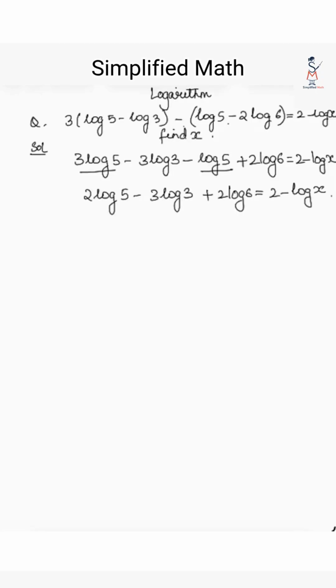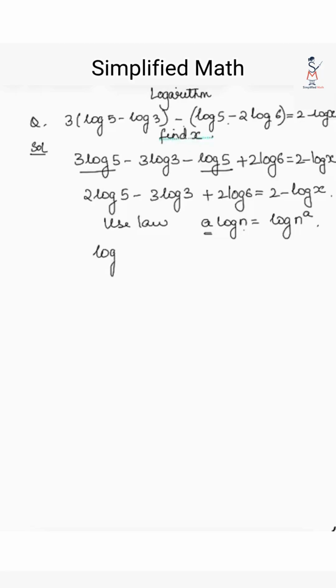Now what we have to do, we will use the law here. Which law? a log n is equal to log n raised to the power a. The a that is multiplied with log goes in as a power to the log.